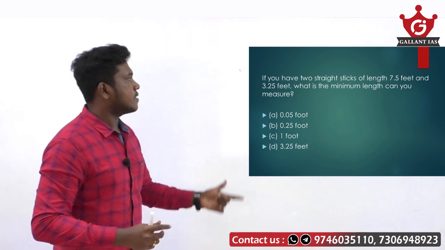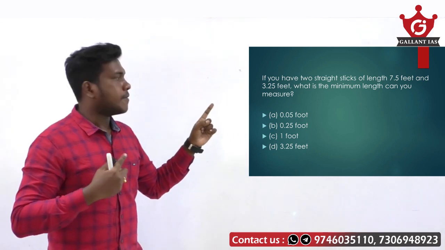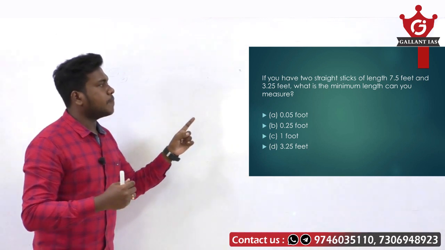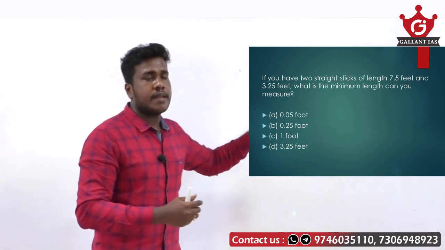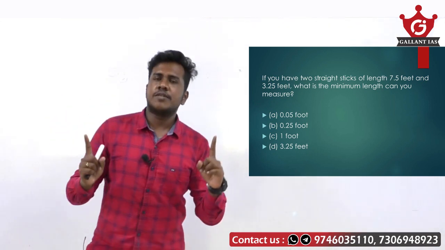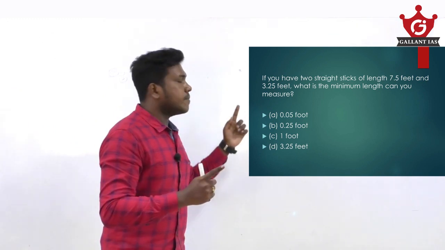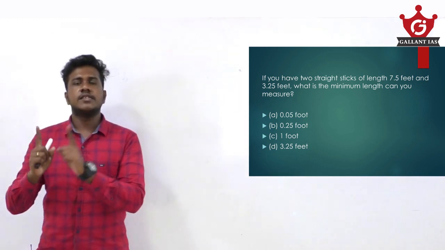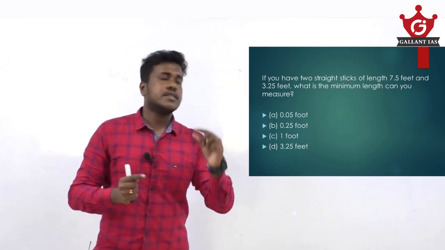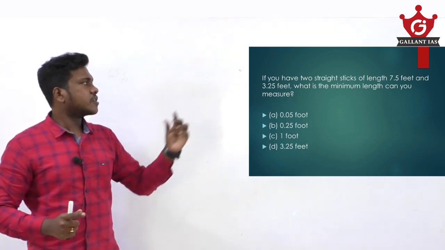Just check the question once again. If you have two sticks of length 7.5 feet and 3.25 feet, what is the minimum length you can measure? That means two lengths of certain measurement are given, and they are asking you to find the minimum length you can measure with these two sticks. That means this measure is actually a part of these two sticks.